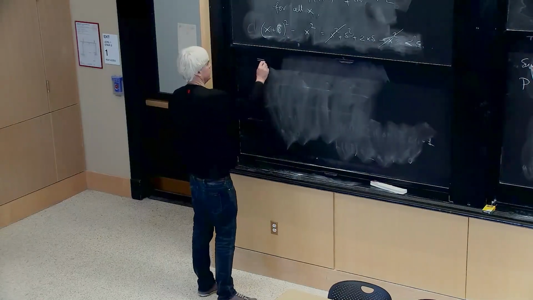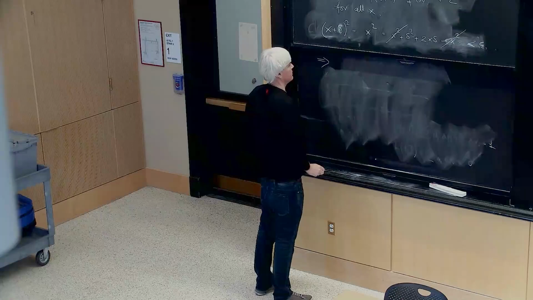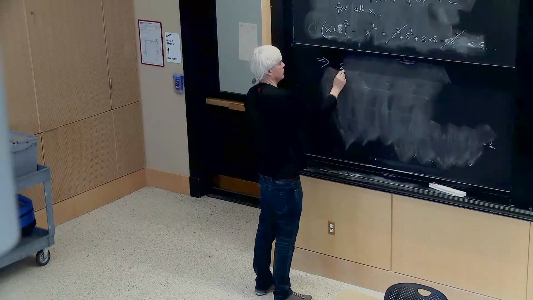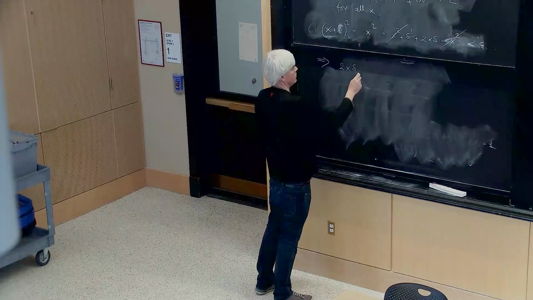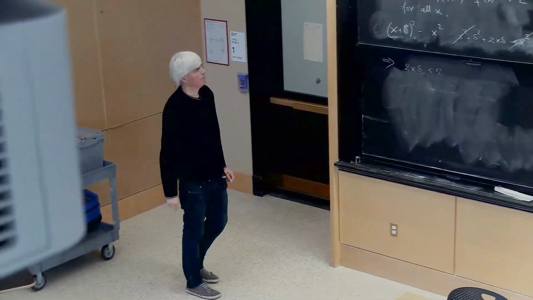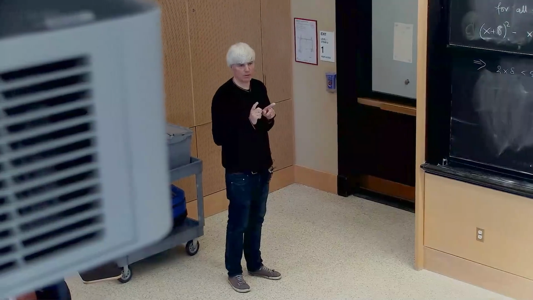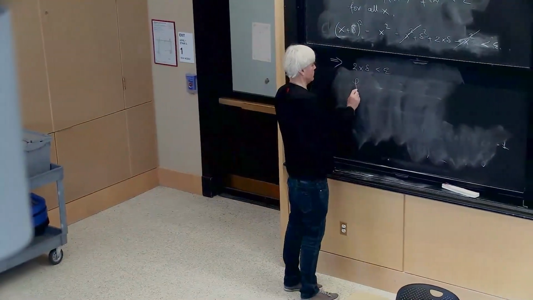Delta squared is positive regardless, but you would have that 2x delta here would have to be less than epsilon, right? And using that delta is positive, this here would have to be the case for all x.